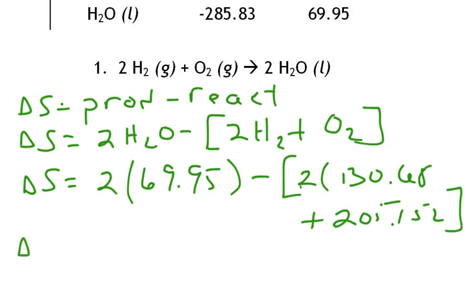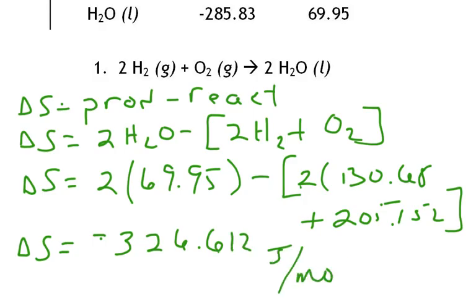You do the calculations, and you get that your delta S value is minus 326.612 joules per mole Kelvin.